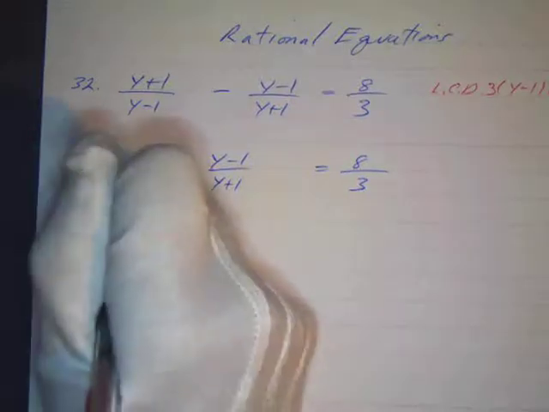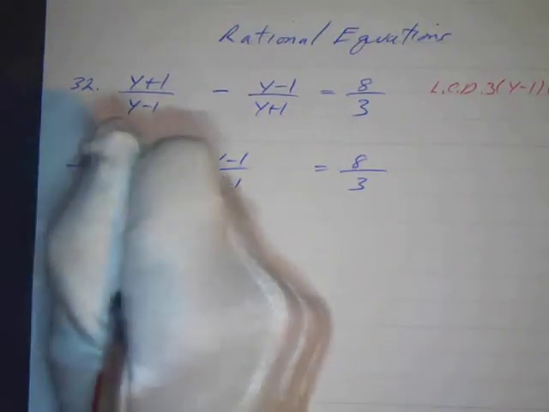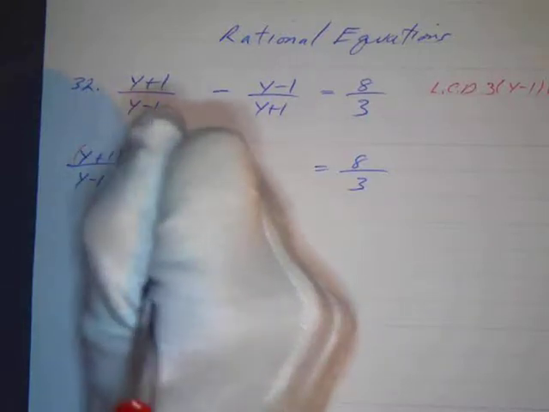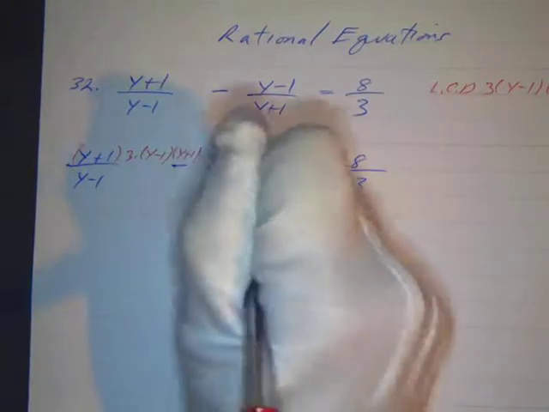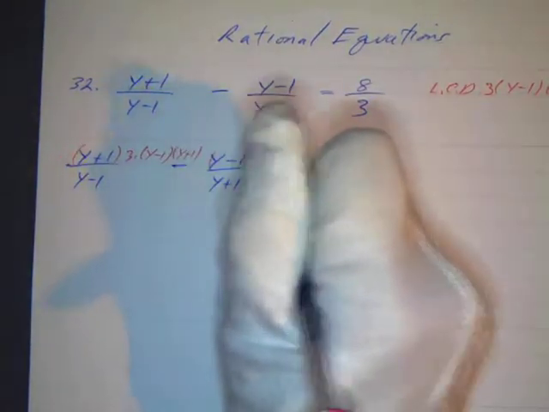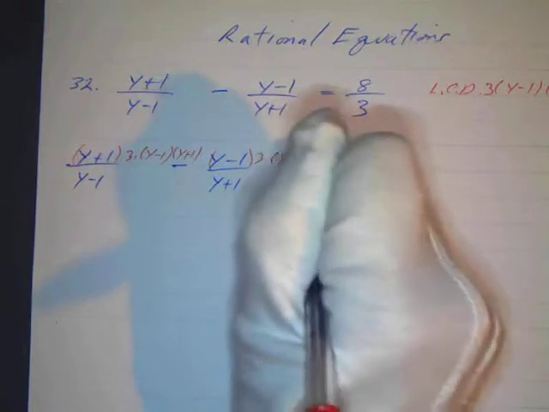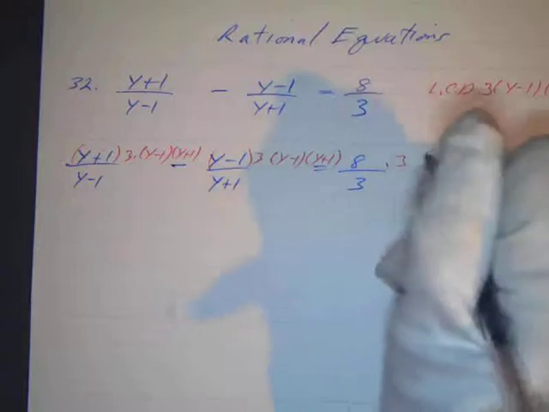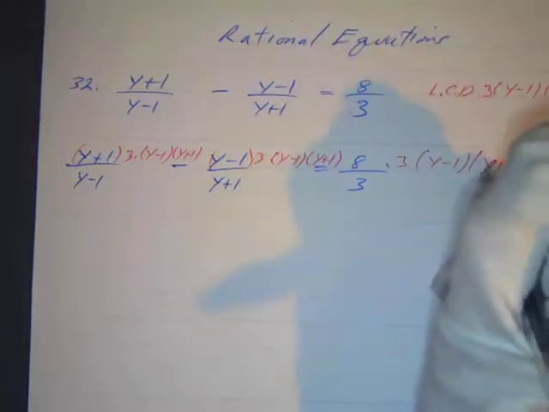And we'll multiply each term by 3 times y minus 1 times y plus 1, 3 times y minus 1 times y plus 1, and then 3 times y minus 1 times y plus 1.